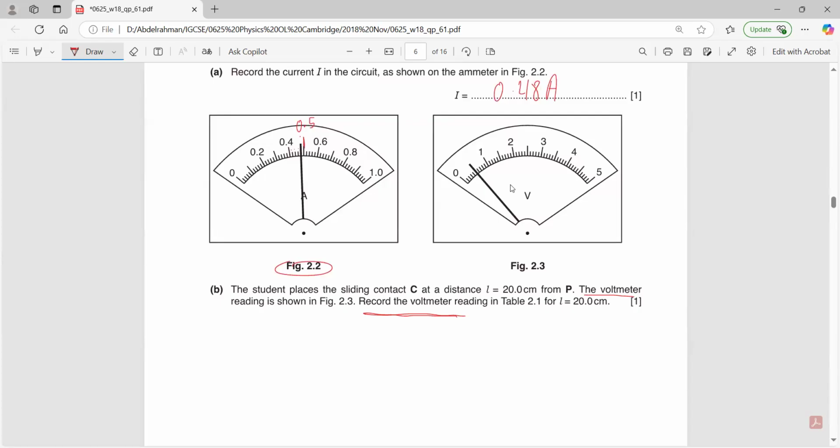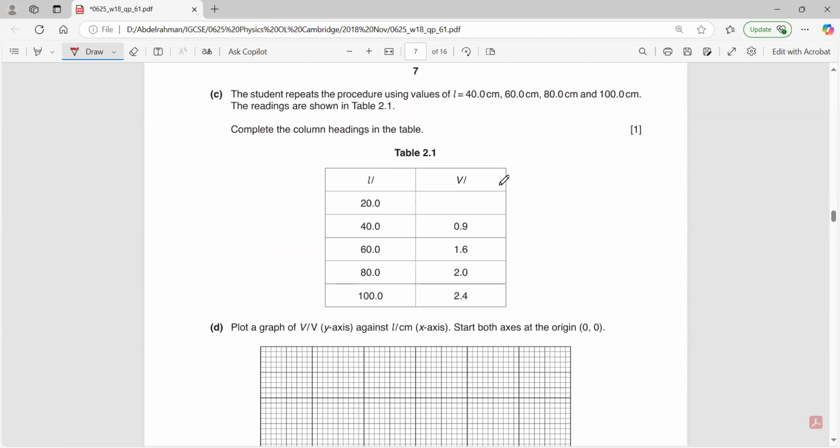The voltmeter here is 0.5, exactly in the middle. Why is the current 0.48? 0.4, 0.42, 44, 46, 48. And the voltage here is 0.5 volts, and we need to write down the voltage in the table on the next page.